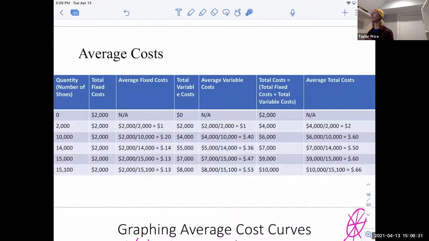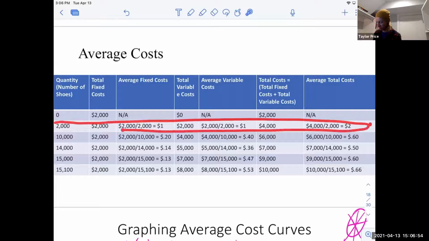Okay, so moving to average costs. As it probably makes sense, average costs are just the average amount of cost based on the fixed cost, variable cost, or total cost. And all you do is simply take, so let's look at this first line right here.